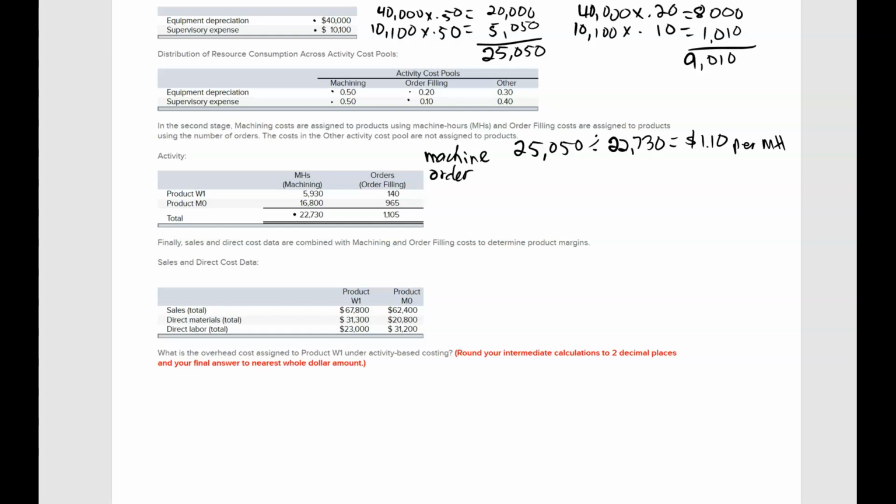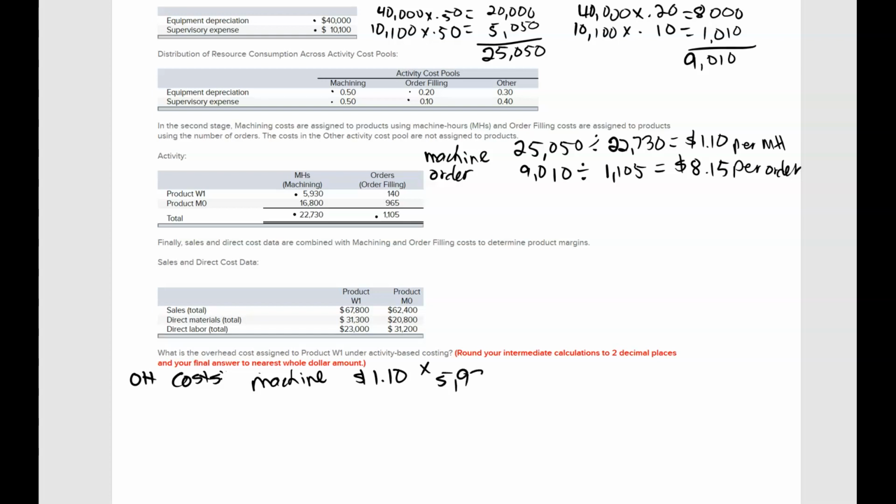And then for the order, the 9,010, divide it by the total orders. $8.15 per order. Then the final part is the overhead costs. We have the machine at the $1.10 we just calculated, and then we're going to multiply it by the 5,930 machine hours.